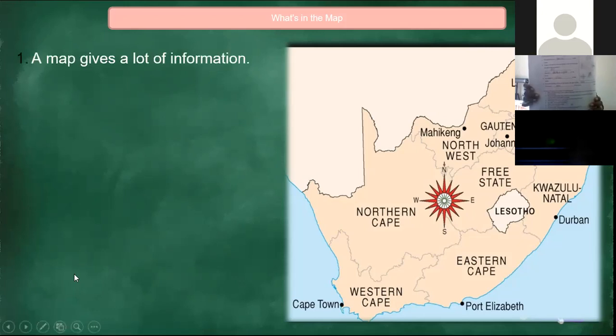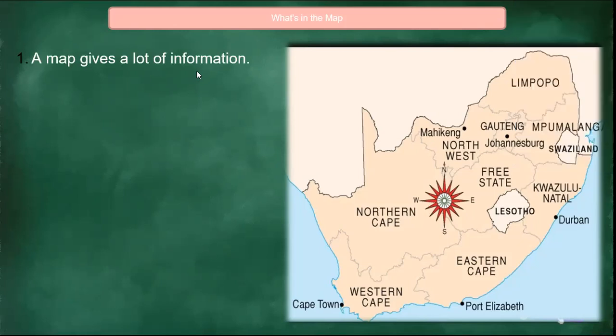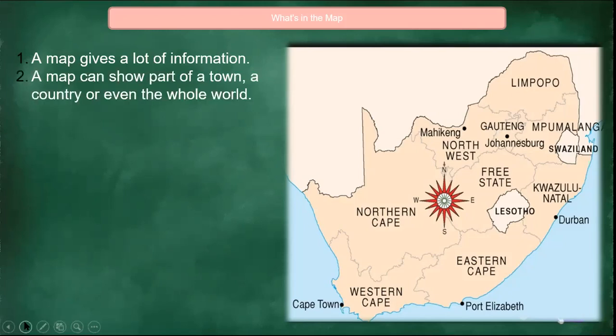Okay. A map gives a lot of information. As you can see here, a map gives us a lot of information. A map can show part of a town. As you can see here, we have Durban. Durban is a town.